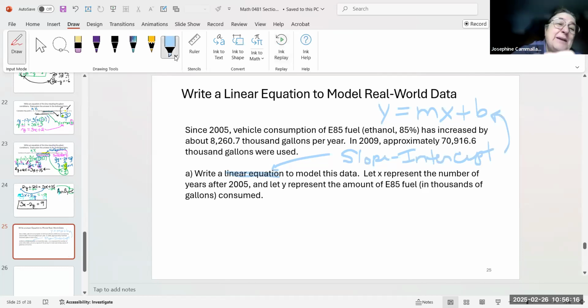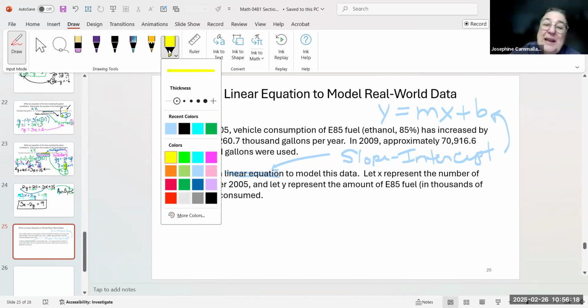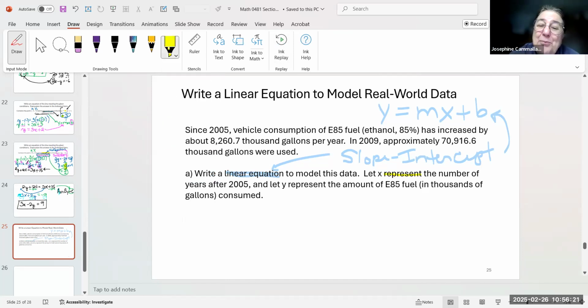Now, here's the little piece that you got to remember. Let x represent the number of years. See that little phrase? After 2005? And let y represent the amount of fuel in thousands of gallons consumed. Okay, you're going to notice I do not have a slope, but I also have this very nice piece.